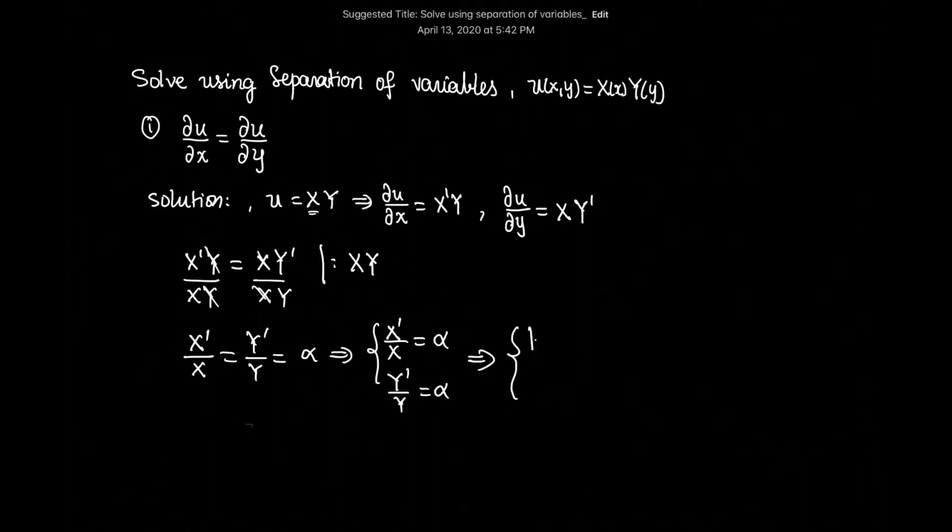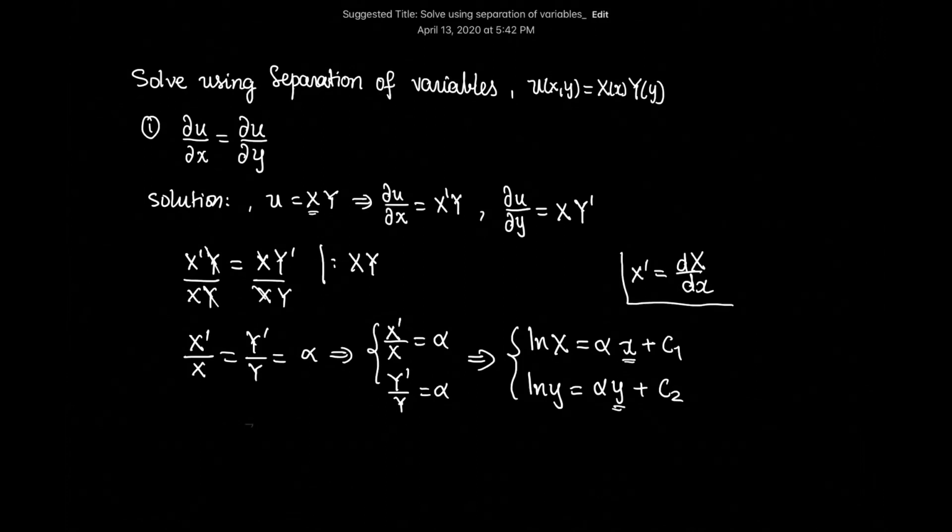Here, ln X is going to be alpha x plus c1 if I do the integral. Here if I integrate, I'm going to have ln Y equal to alpha y plus c2. Just remember that here I end up with X and Y because I have X prime. So I would say dX over X if I had to solve it.